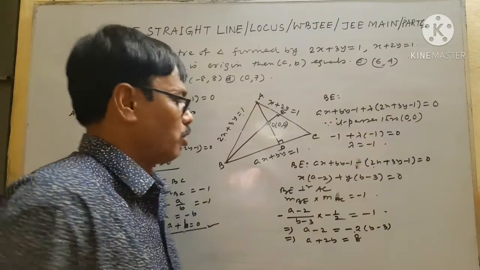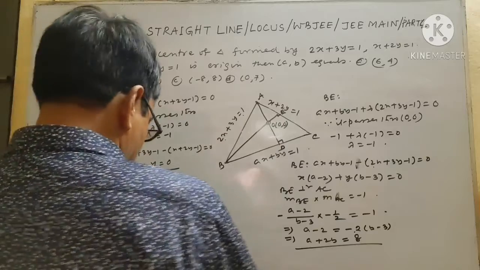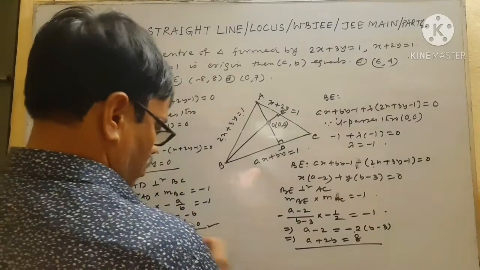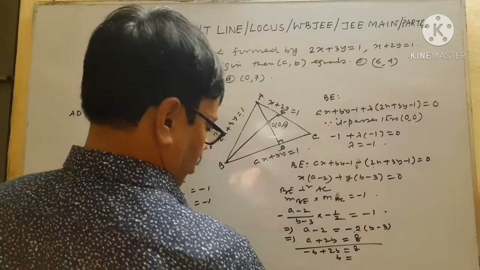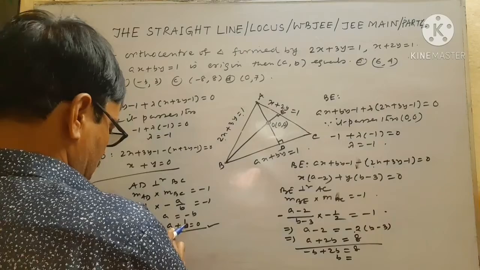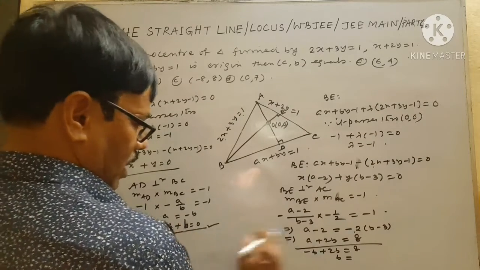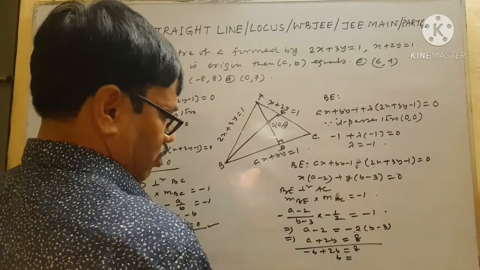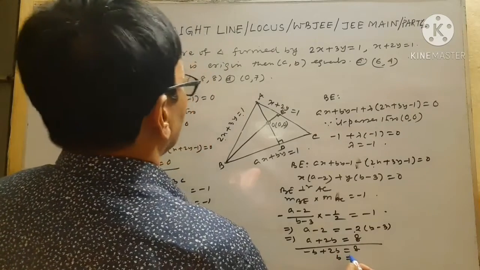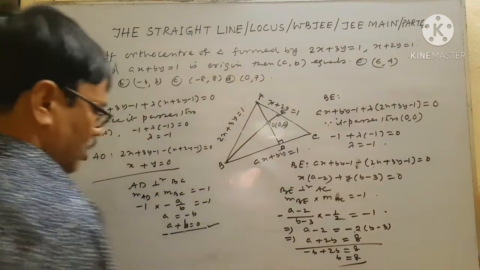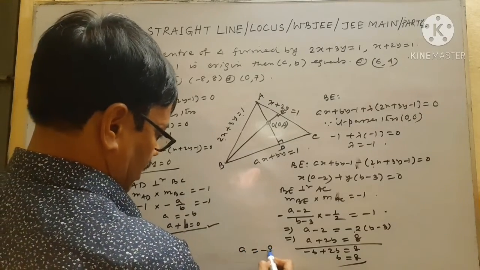Now, solving these two equations, we get a and b. Since a equals -b, substituting gives -b + 2b = 8, so b equals 8. Then a is -8.